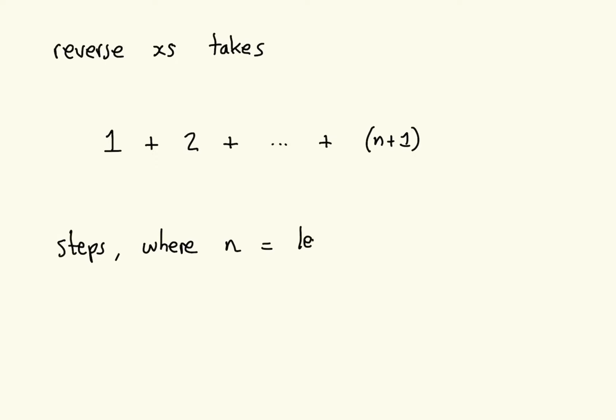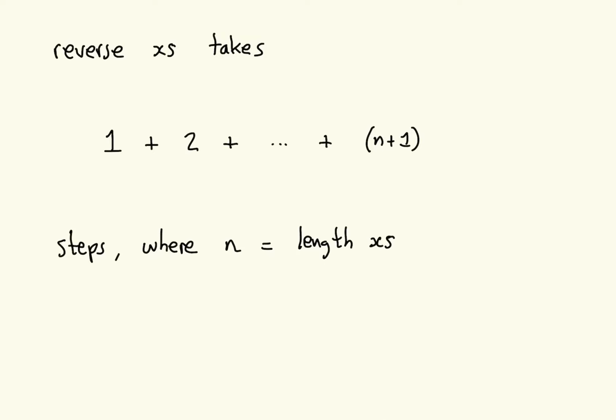So in general, it's going to take 1 plus 2 plus ... plus n plus 1 steps, where n is simply the length of the list.